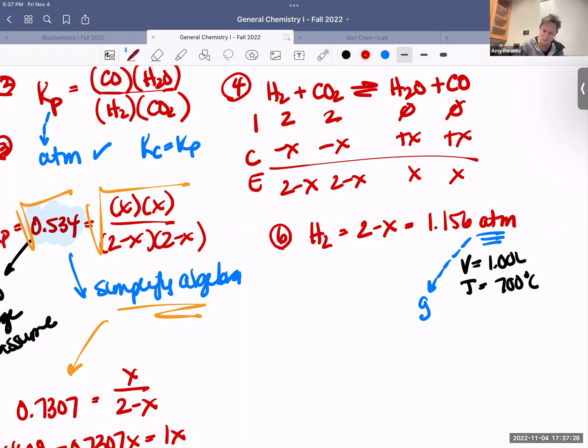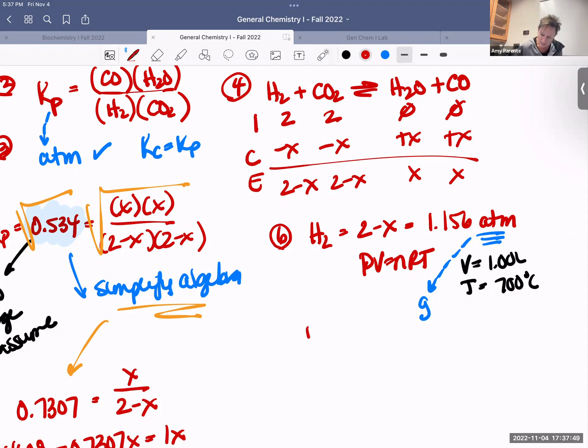PV equals nRT. So PV equals nRT can get us to n, but we have to remember that n is in units of moles. It's going to be moles. And then we'd have to do one more thing to get to grams. Okay.